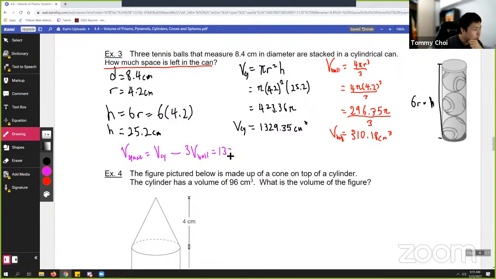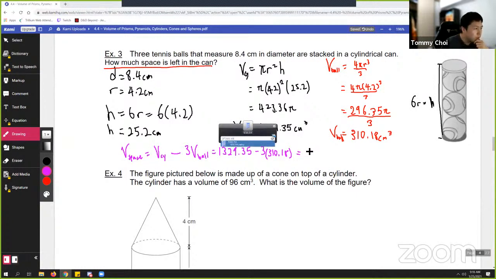So we do 1,329.35 minus 3 times 310.18. We can calculate that out by following BEDMAS. 3 times 310.18 goes first.